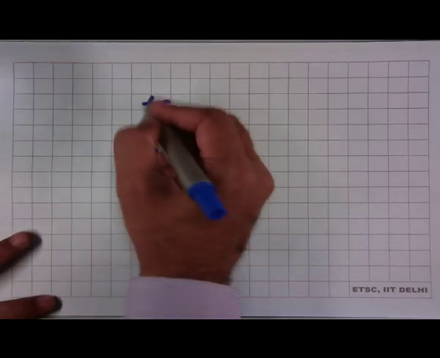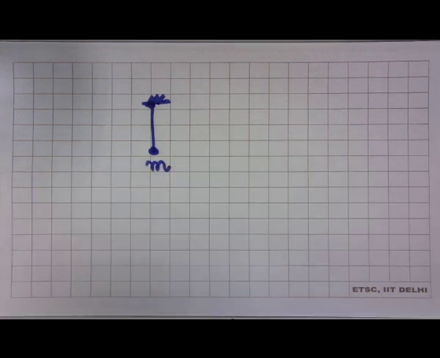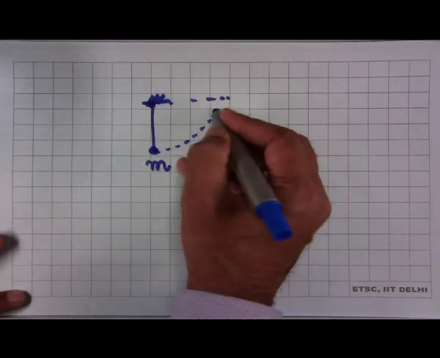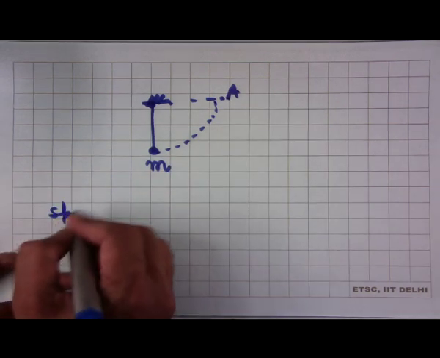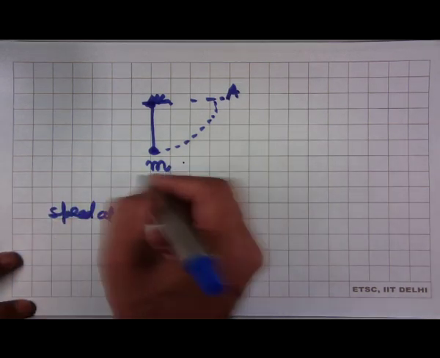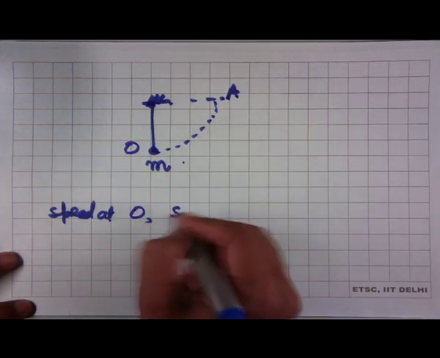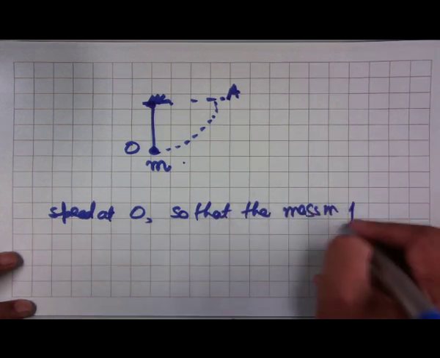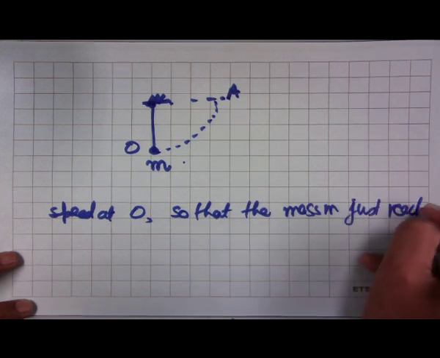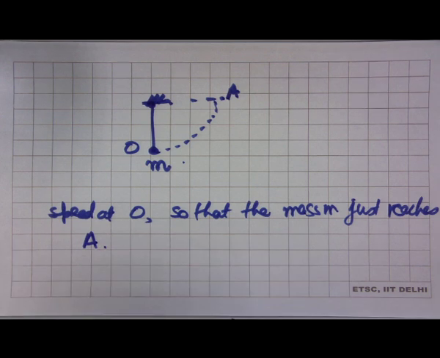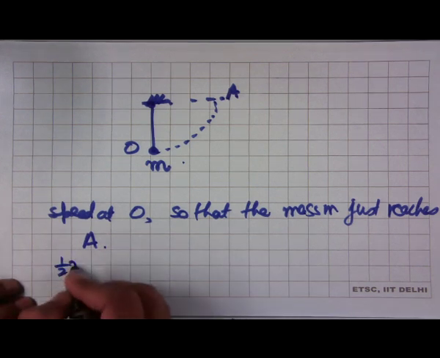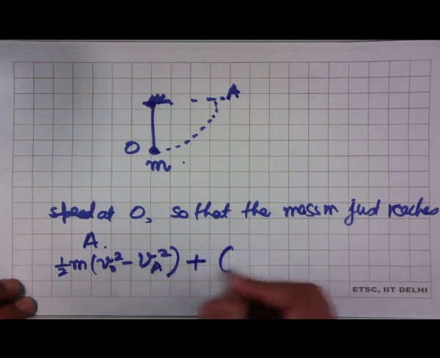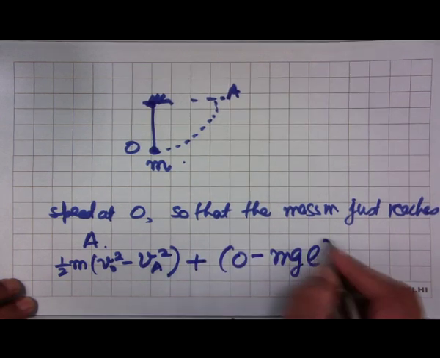We have this string, a mass m being tied here, and what we want to find is what is the speed at O so that the mass m just reaches A. Then we have half m times (v0 square minus vA square) plus 0 minus mgL is equal to 0.